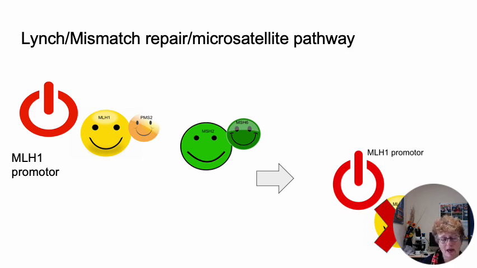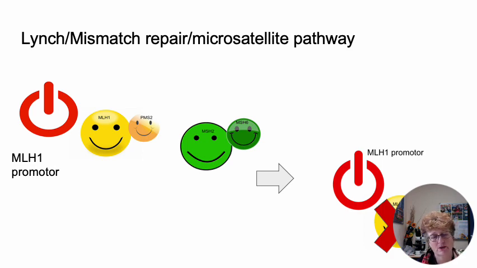So if people's repair mechanisms aren't working, for example through the DNA mismatch repair pathway, then they will accumulate many, many mutations. And this will allow them to get colon cancer. So let's look at some more details.